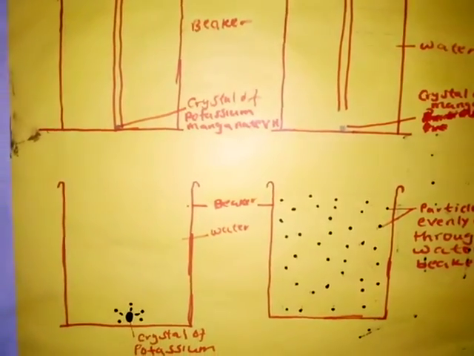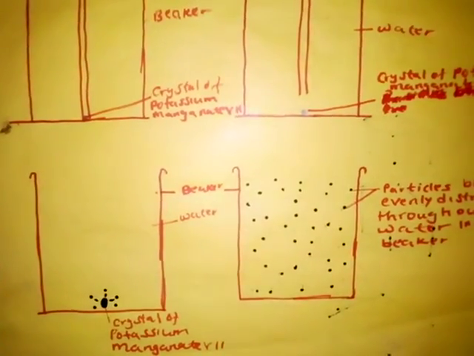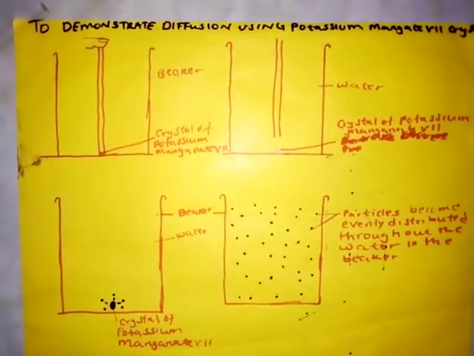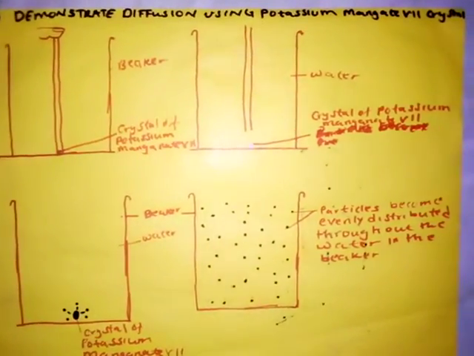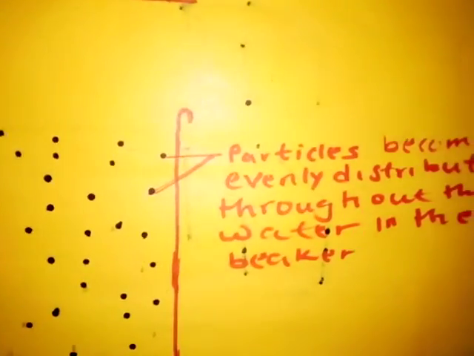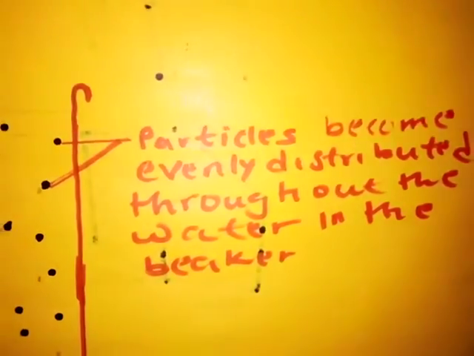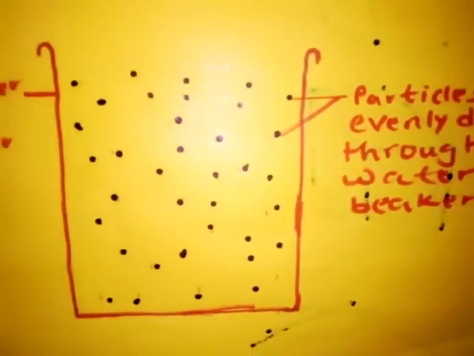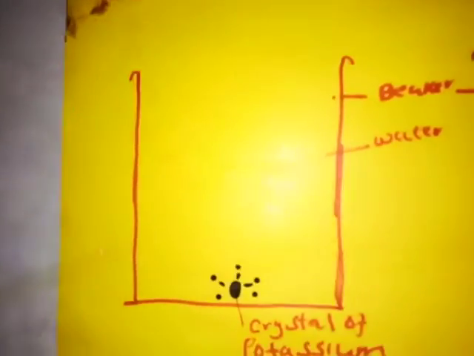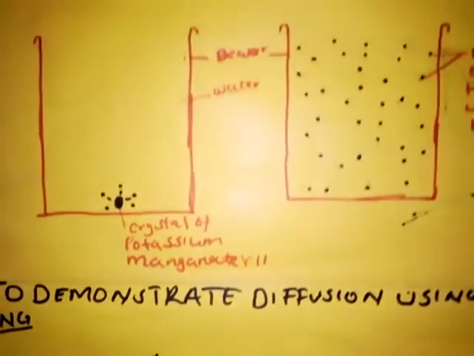Now, the explanation for this is that the crystals of the potassium permanganate 7 have a higher concentration of potassium manganate 7 molecules. So they will always move from where they are highly concentrated to other parts of the beaker where their concentration is low. So by that, you realize that these crystals of permanganate 7 move by the process known as diffusion.